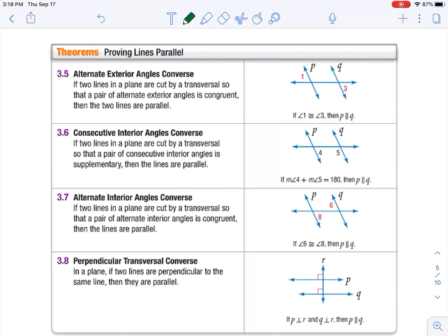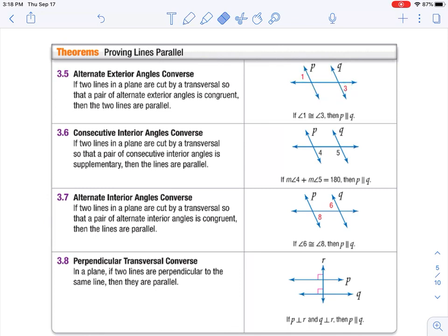We have alternate exterior angles converse. This says if two lines in a plane are cut by a transversal, so that a pair of alternate exterior angles is congruent, then we know that the two lines are parallel. We have consecutive interior angles converse.